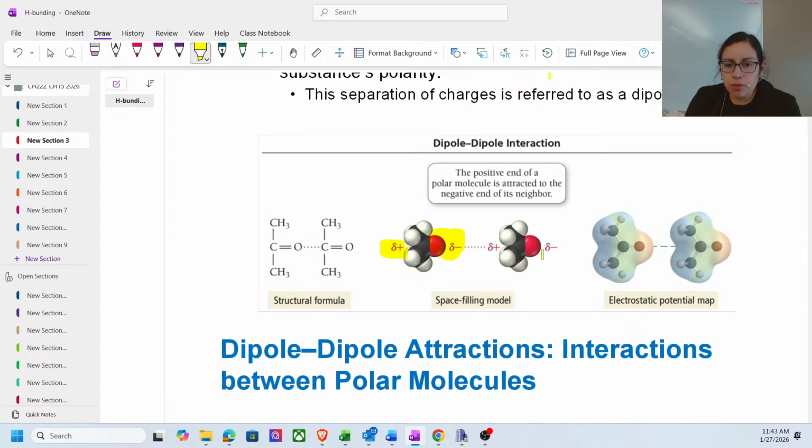Like we're seeing here, this is acetone that's drawn out. And again, this negative oxygen is going to be attracted to our carbon here. I'm just redrawing that out. This is for the future too.